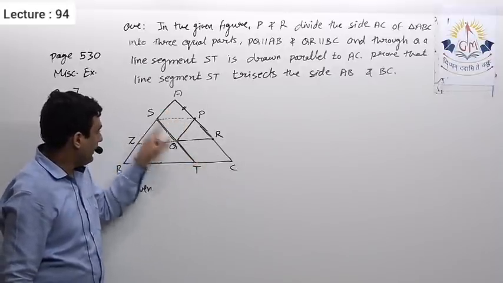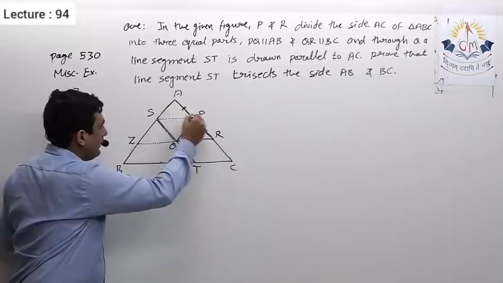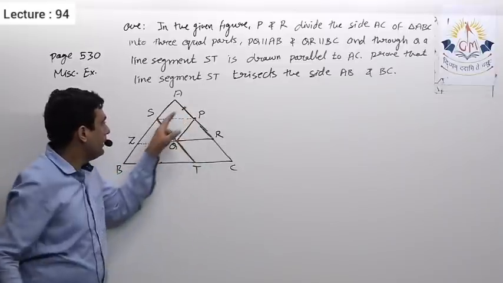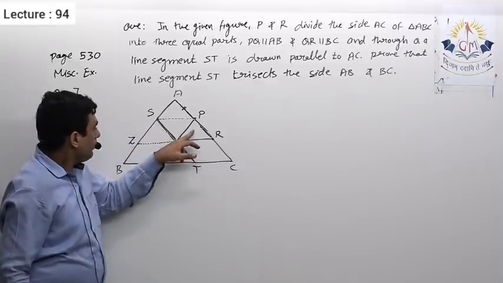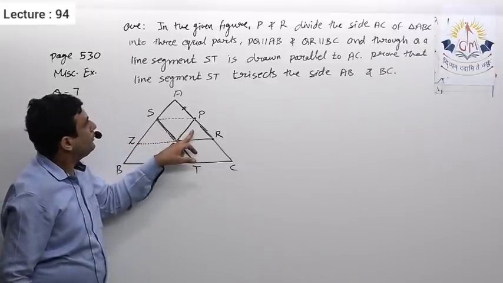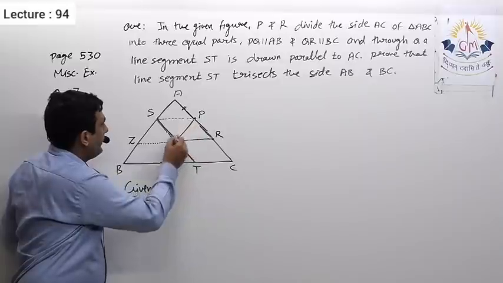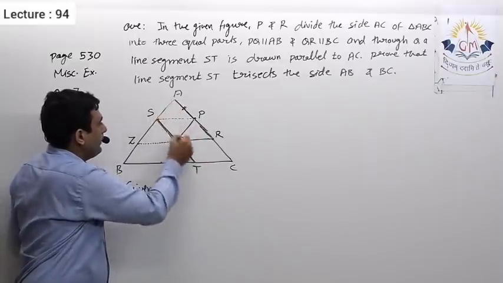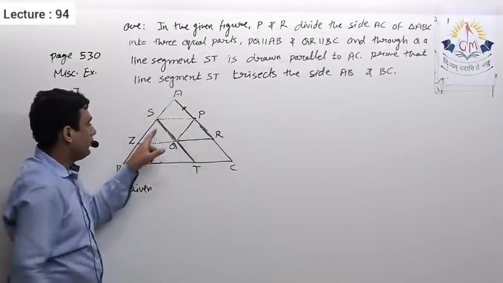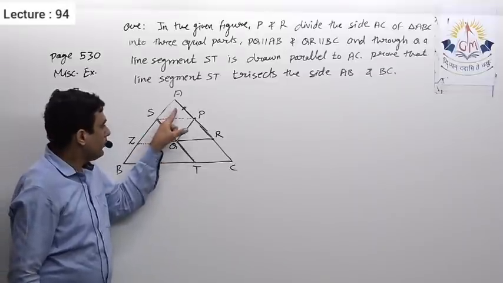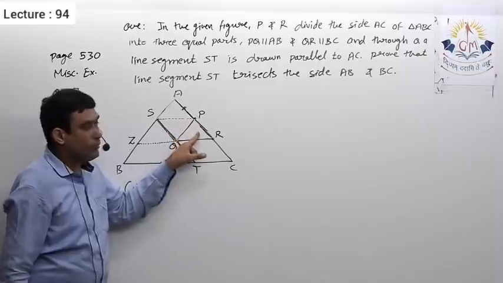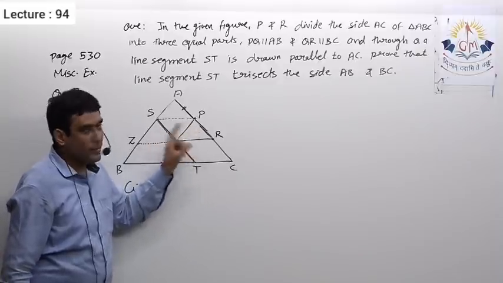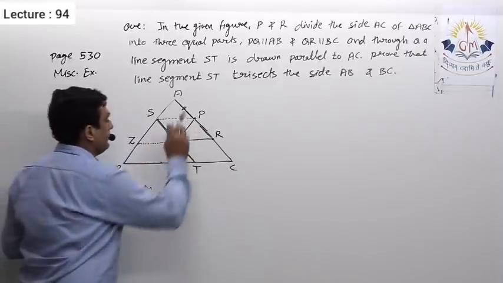This AC is parallel to ST, so SQ and AP are parallel. It is also given PQ is parallel to AB. So ASQP is a parallelogram, so opposite sides are equal. Here I got SQ equal to AP, and AP equal to PR. That means SQ equal to PR. Also SQ parallel PR. It's a little bit complicated.